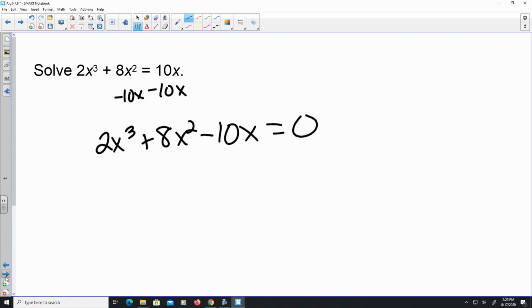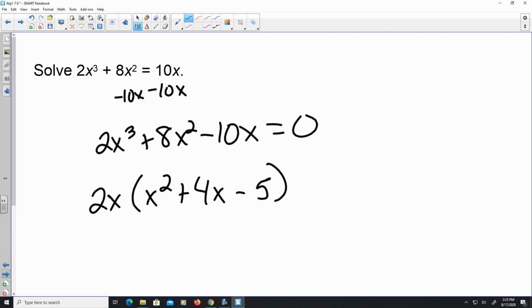In this case, we can, because 2, 8, and negative 10 are all divisible by 2, so I'm going to put 2 to the outside, and they all have a common variable of x, so I'm going to put x to the outside as well. So I'm left with x squared plus 4x minus 5, and set that equal to 0.